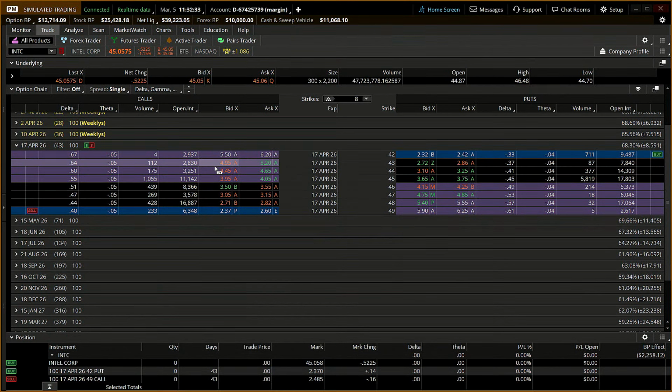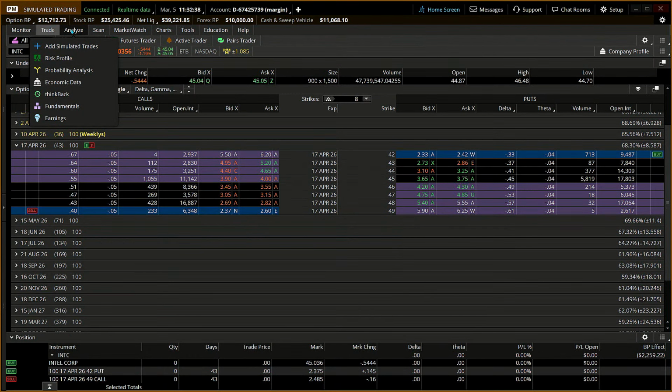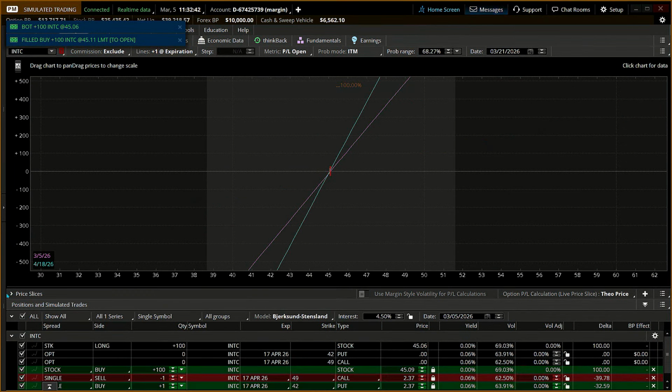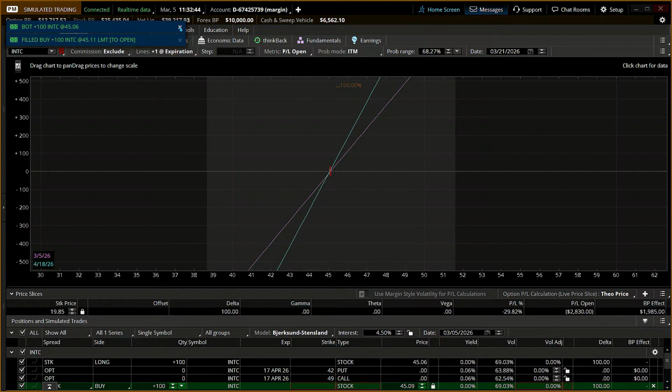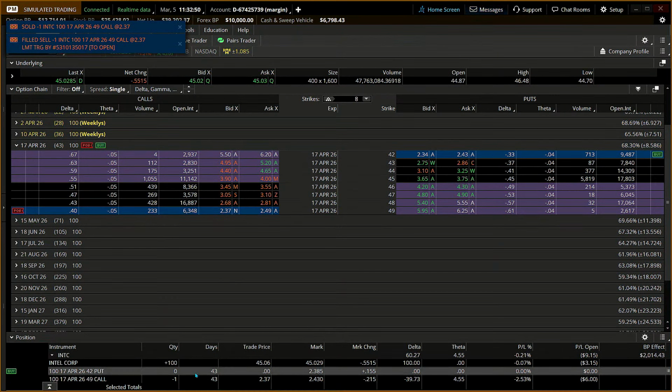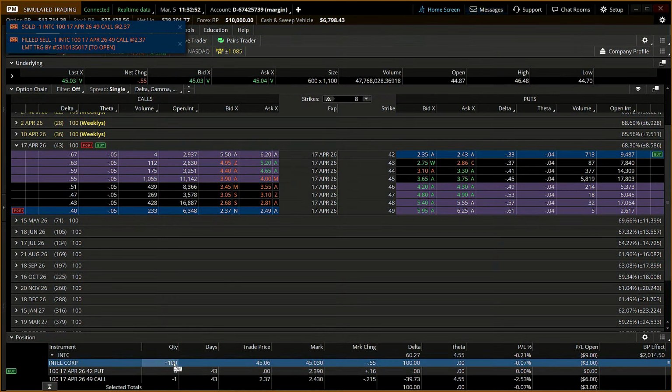Now, the one other thing about the collar that I think is not really well understood. When someone does a collar position, the delta is not 100, okay? If we buy 100 shares of stock, that's 100 delta.